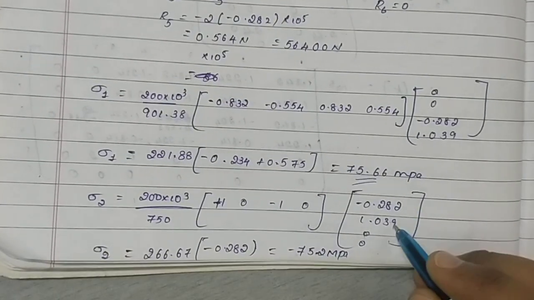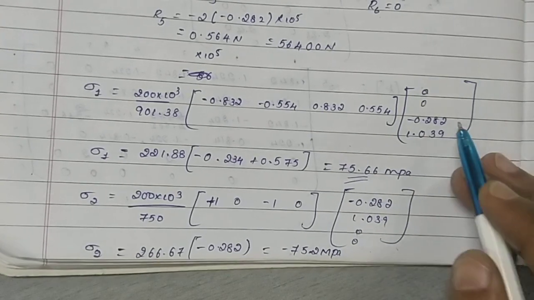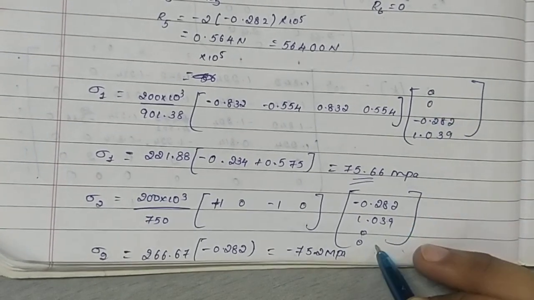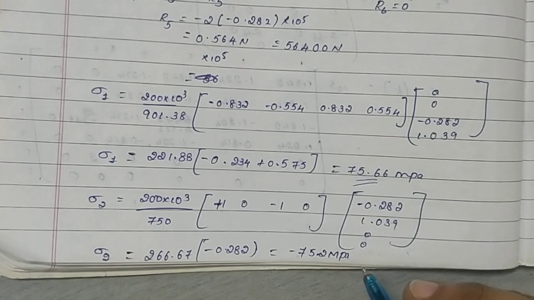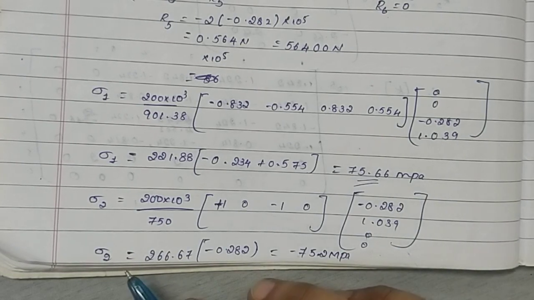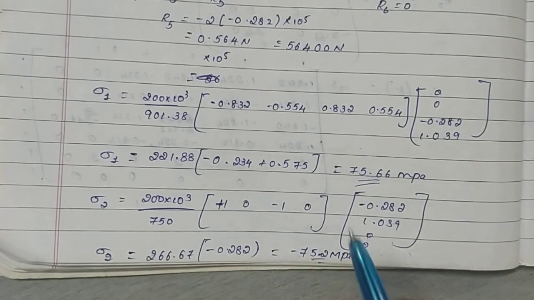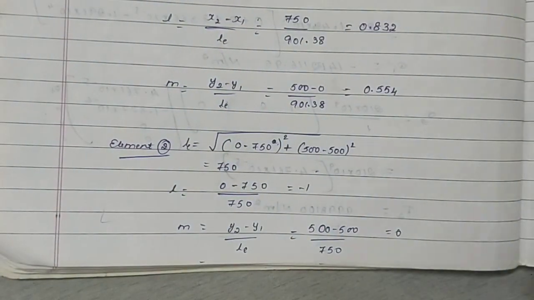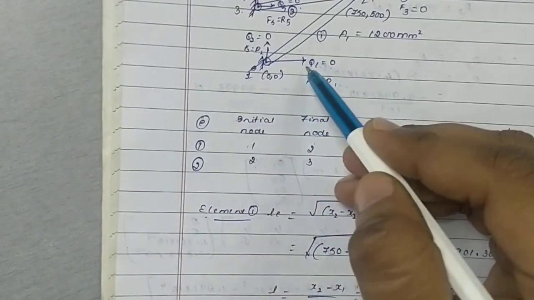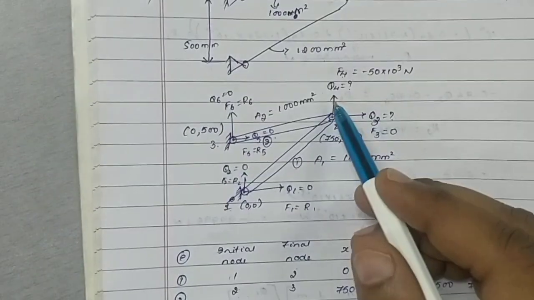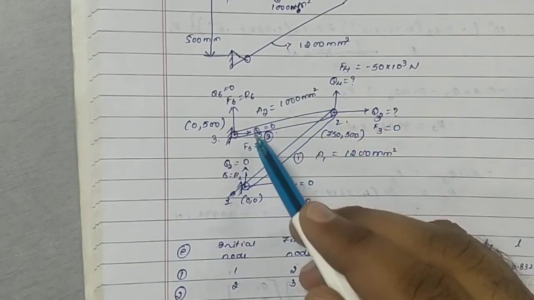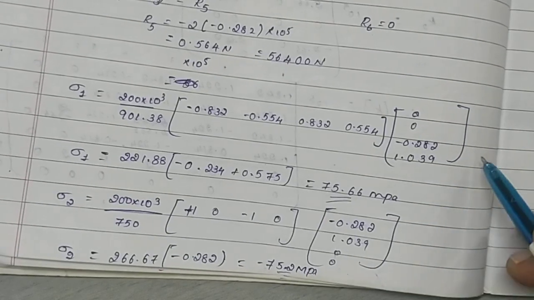For the first element it is Q1, Q2, Q3, Q4, and for the second element it is 3, 4, 5, 6. You will get sigma 2 as minus 75.2 MPa. That's how you substitute here.